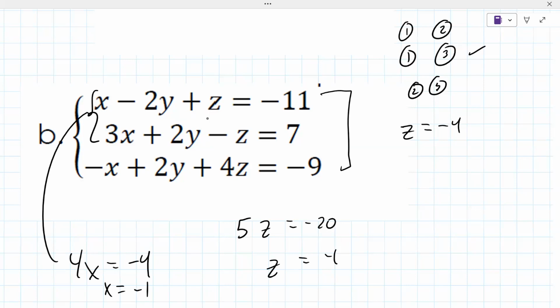Okay. Once you get X and Z, you can use any of the equations to find Y. Does one stand out to you? The last one. Okay.